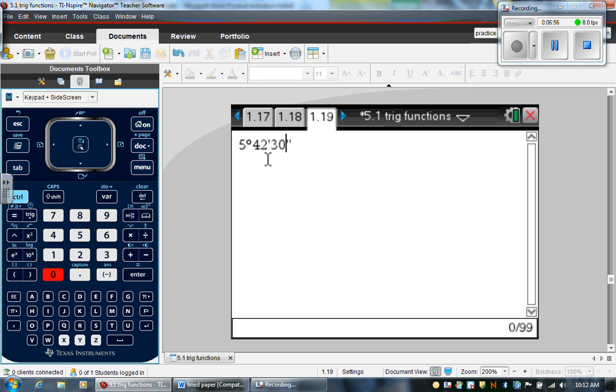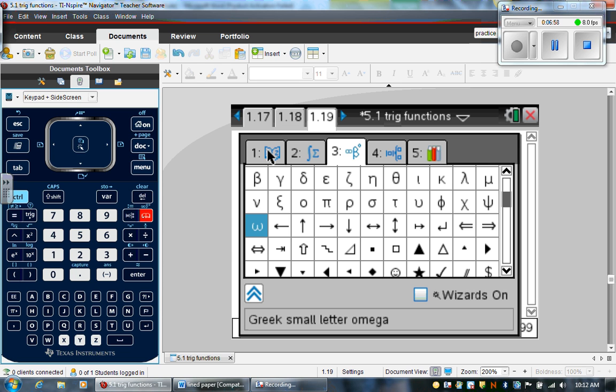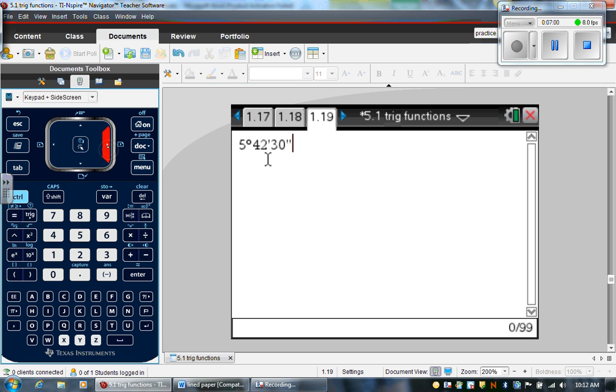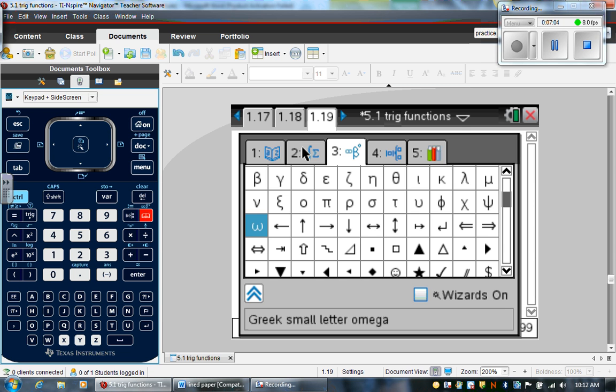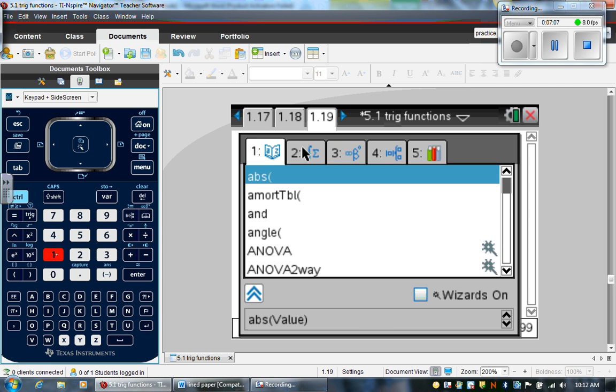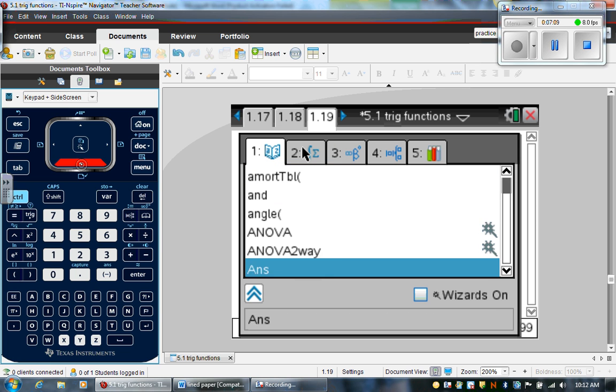And all we need to do is hit our book. Actually, let's make sure that we are on the other end here, so you're past the seconds. We're going to go to our book, and we are going to select tab 1. And we want to go down to DD, which stands for decimal degrees.